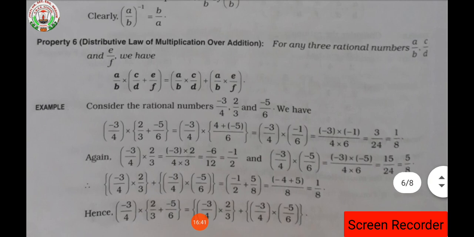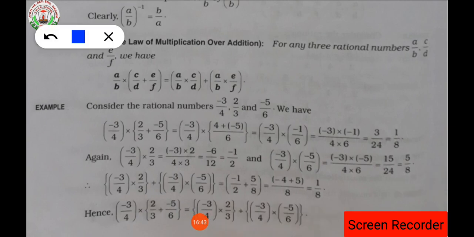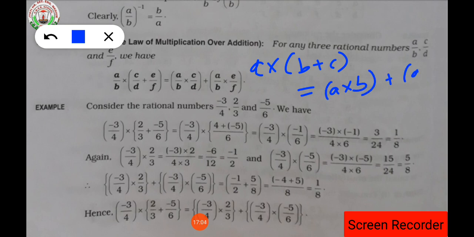Can you tell me what is the distributive property of multiplication over addition of integers? Here I am talking about integers. So a into (b plus c) is equal to a into b, isn't it, plus a into c. This is the distributive property of integers, isn't it?